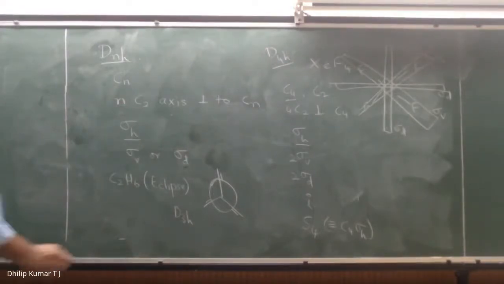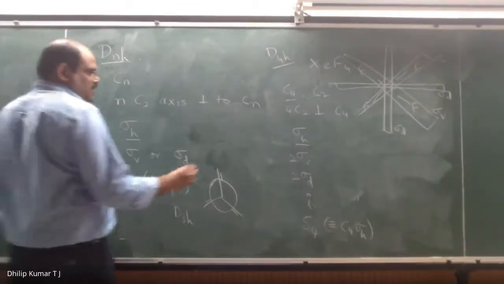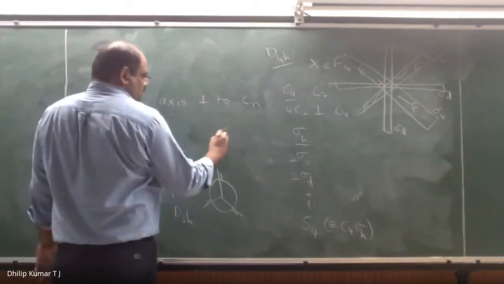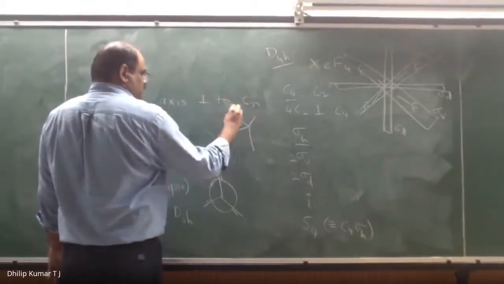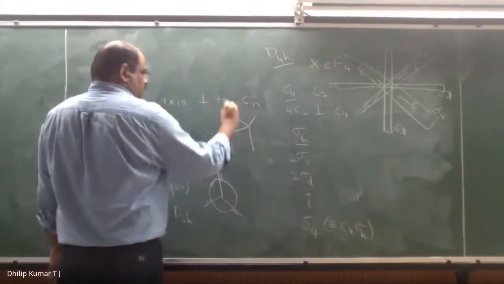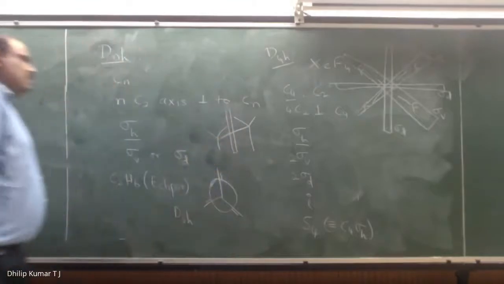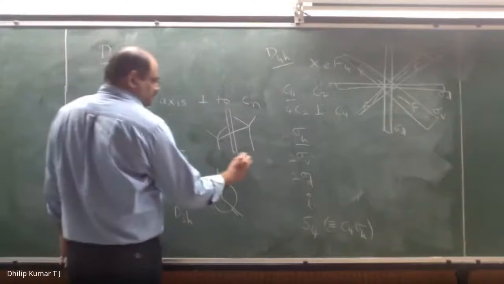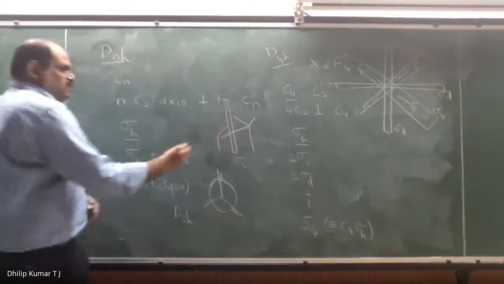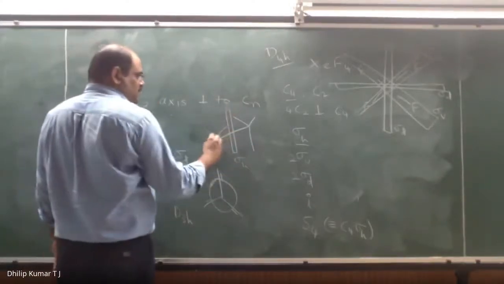Where do you have sigma h? When you place a mirror somewhere here, the sigma h mirror cuts the two carbon atoms, this is C1, this is C2.